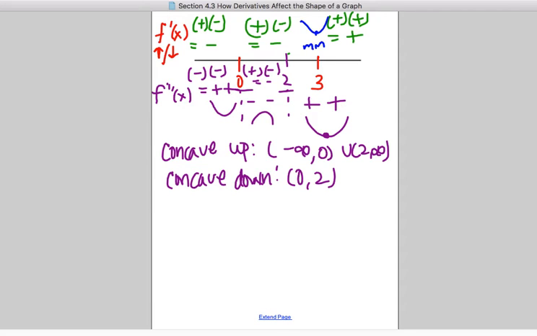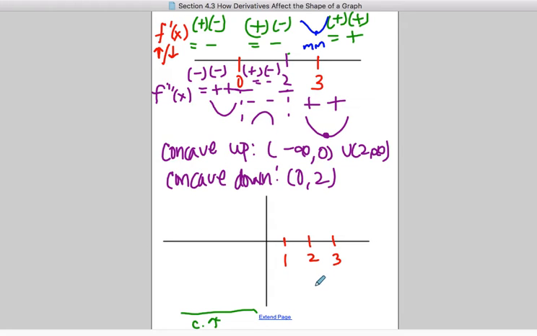I'm going to go ahead and put on all the numbers, so 0, 2, and 3. And then just to make it a little easier, we were concave up until 0. So I might just go up, concave up.